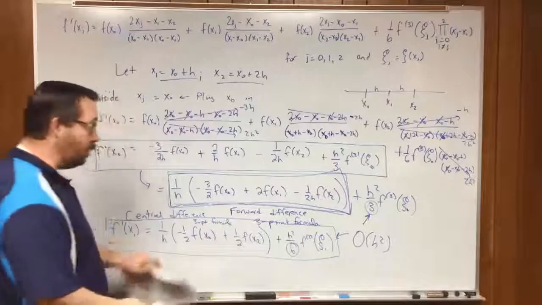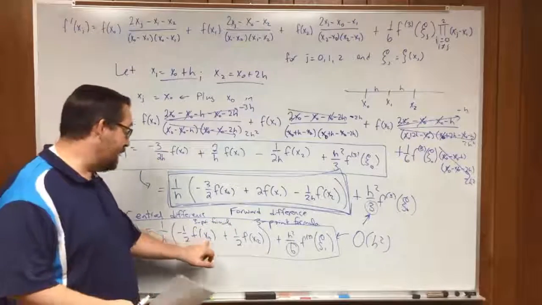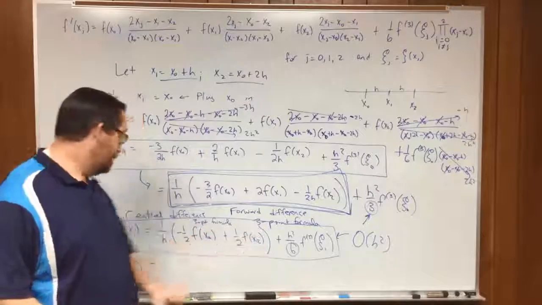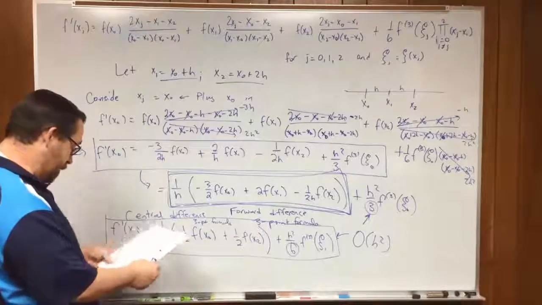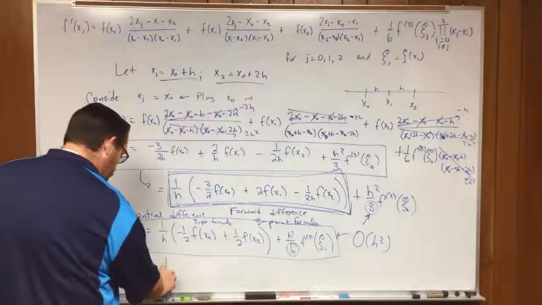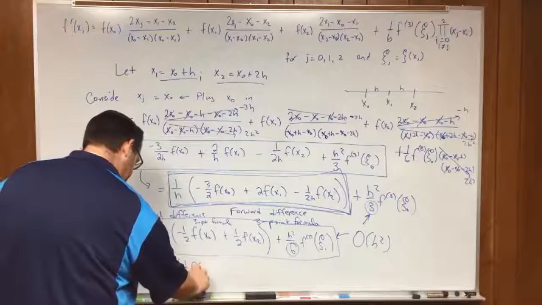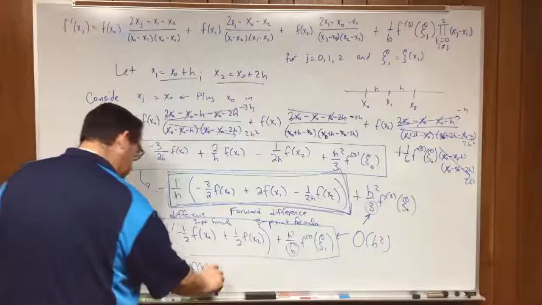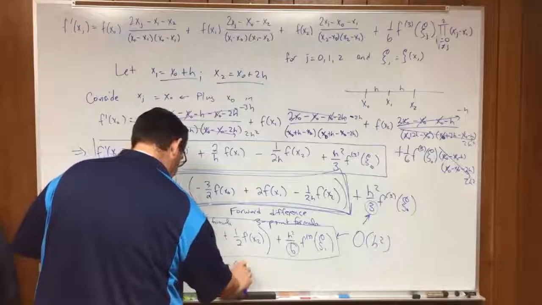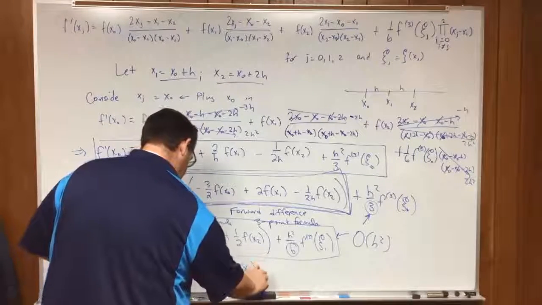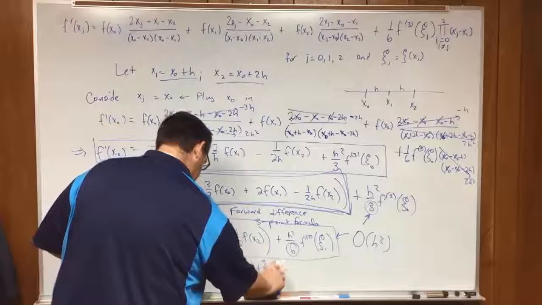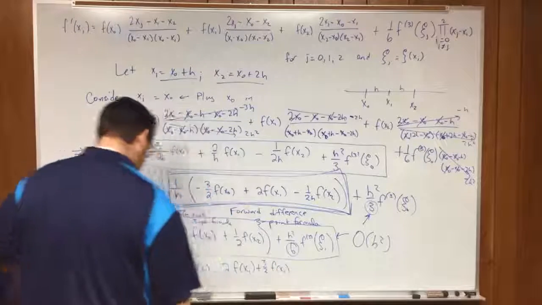Although technically it's only a 2-point formula because you only need x0 and x2 to plug it in. Okay, so the last one is 1 over h times 1/2 f at x0 minus 2 f at x1 plus 3/2 f at x2.